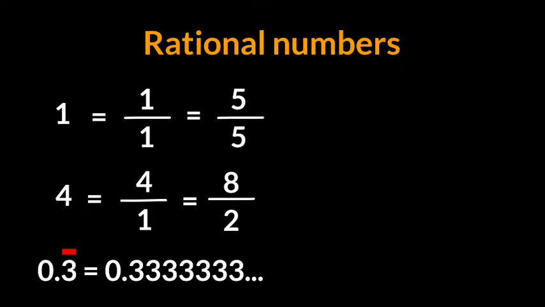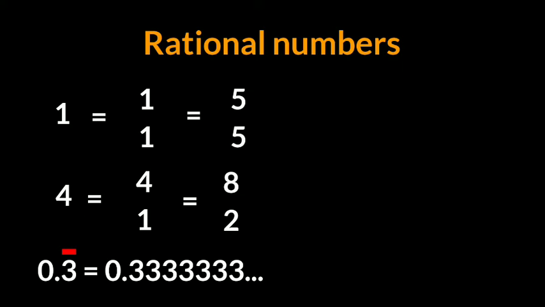Another example is 0.3 with a bar on top. The bar actually represents a continuous 3. 0.3 bar is equal to 0.33333333 and so on. Okay, now you get it, right?